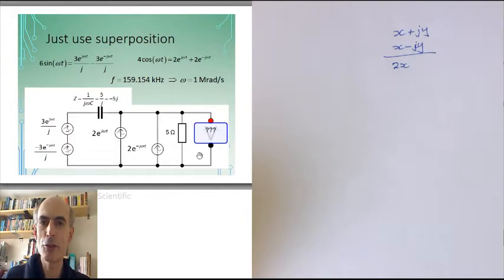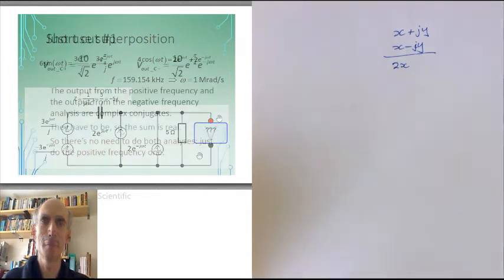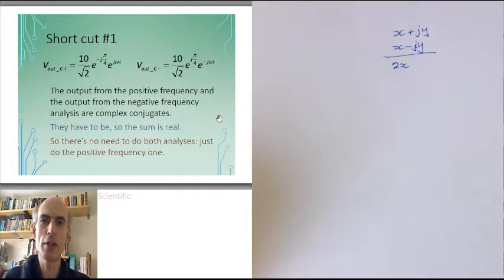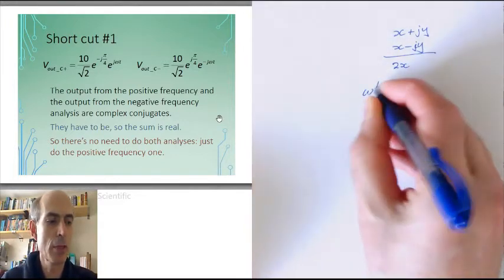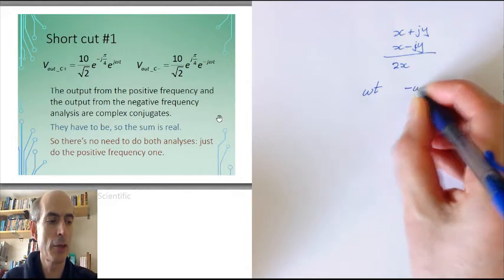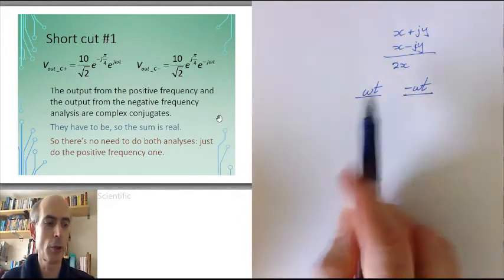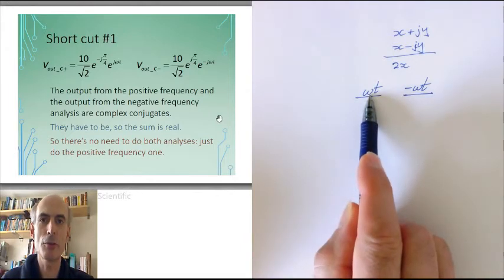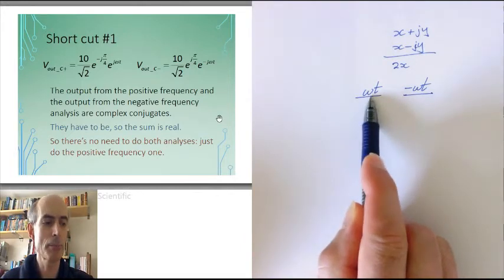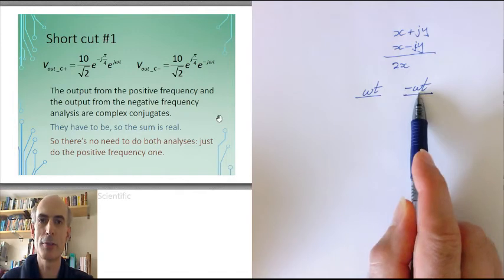However, there are some shortcuts. First shortcut. All of these cissoidal sources are going at either the frequency of omega t or the frequency of minus omega t. In other words, some of them are going anti-clockwise round the origin on the Argand diagram, and some of them are going clockwise.